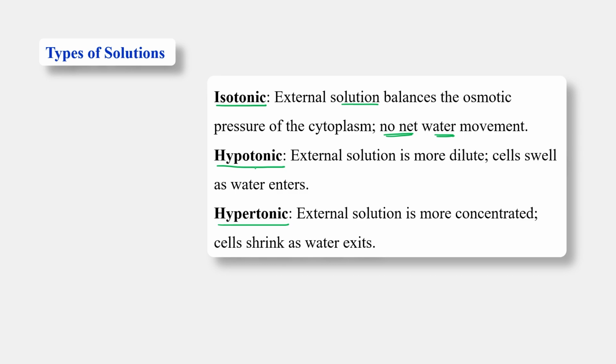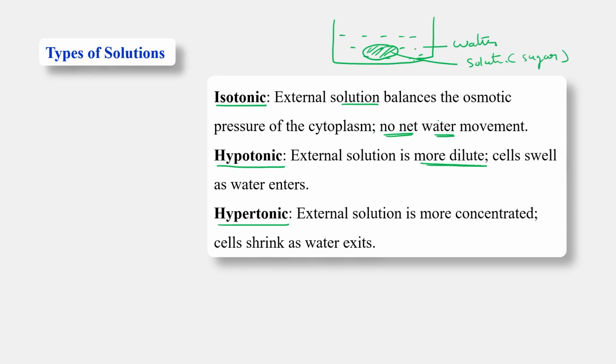Clear? Hypotonic: the external solution is more diluted. Suppose there is a Petri plate and we have put a raisin, or kishmish, over here, in which a sugar solution is present, and the surrounding is just water.